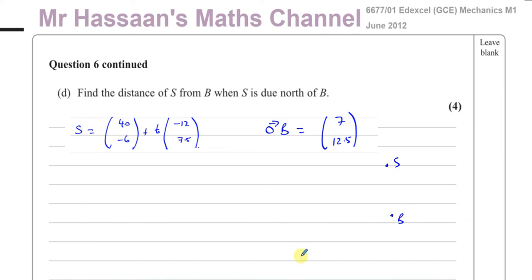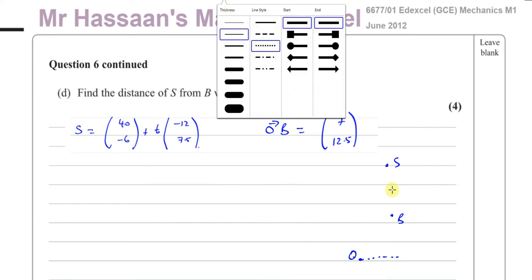Let's say the origin is somewhere over here. What we know when something's due north of something else is that the I components will be exactly the same.